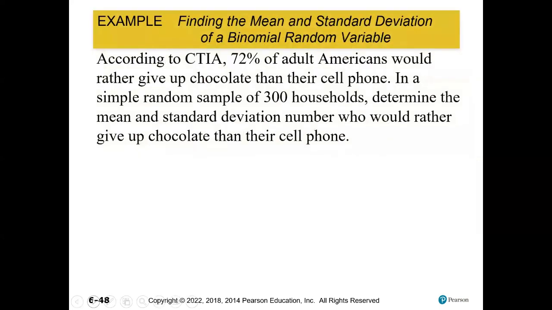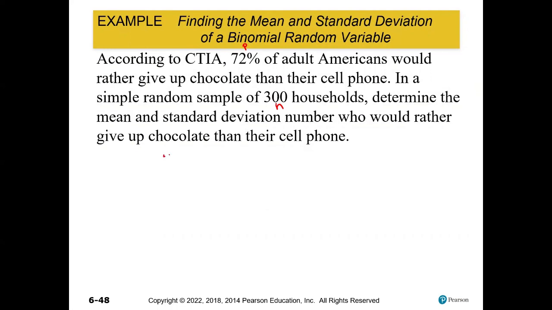Okay, so if we go back to that giving up chocolate rather than your cell phone, we have, again, our P is 0.72 and our N this time is 300. Determine the mean and standard deviation for this situation.